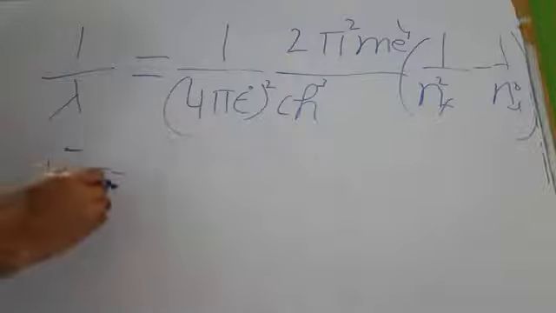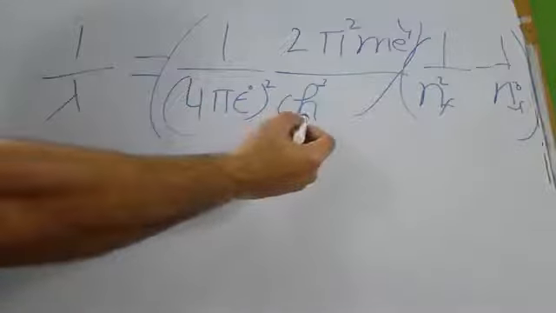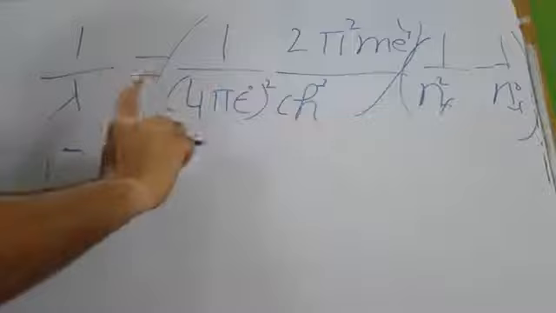Therefore wave number would be equal to, here you see this, all are constant for the hydrogen atom.